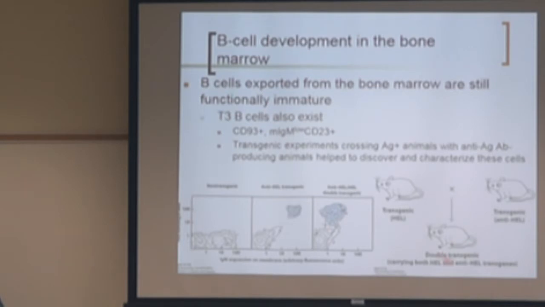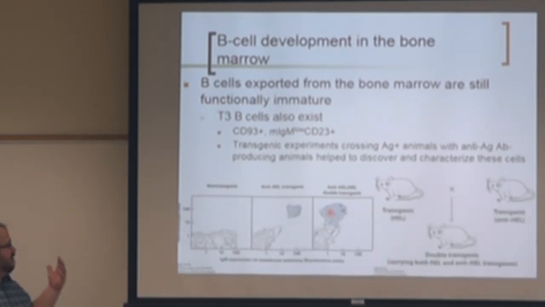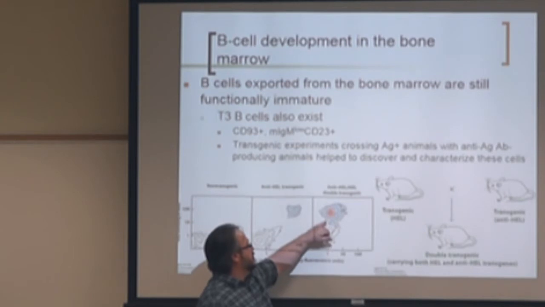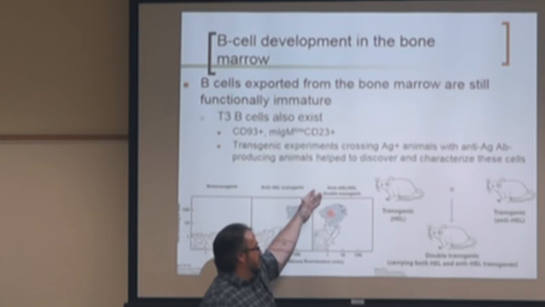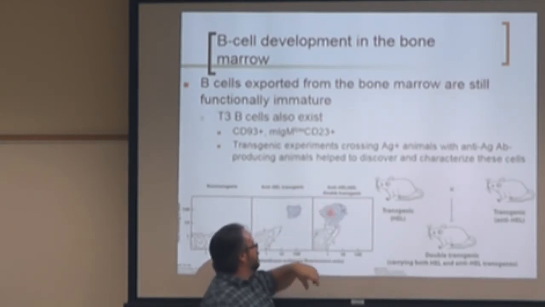Then you get the double transgenic mouse, and they looked at it and still found B cells out in the periphery. These have B cell receptors, because they took the antigen bound to a color, let's say GFP, green, and showed that we have cells with receptor for it, because it's bound to the cell.